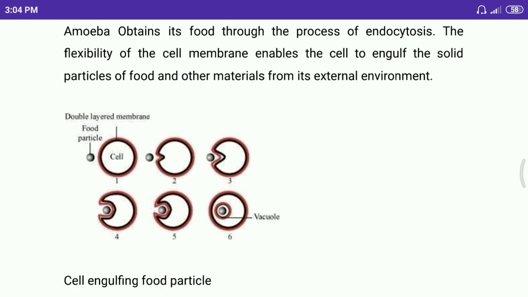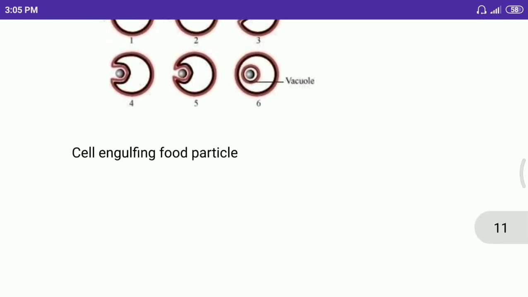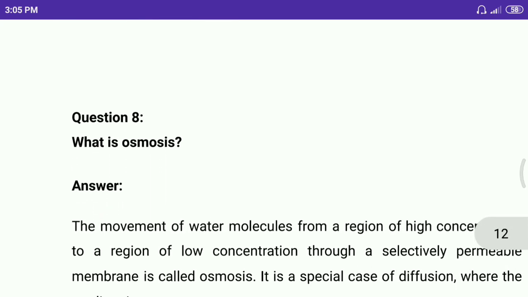Here is an image. You can see first the food particle, then the cell engulfs it, and then the cell encloses the food particle.